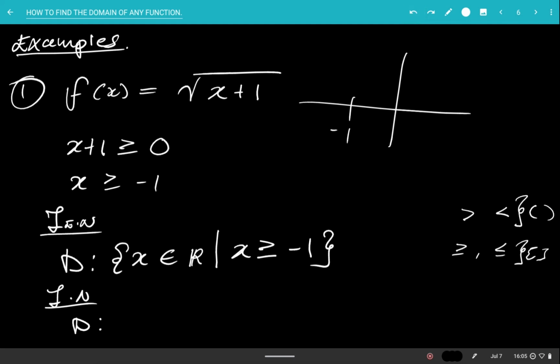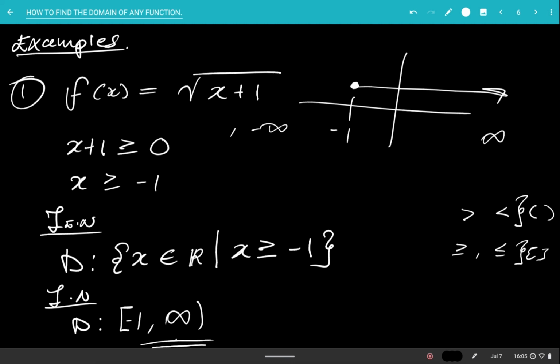And when it comes to inclusion, we always put a closed what? Hole. So I include minus 1 and everything greater than it, all values towards positive what? Infinity, and away from negative infinity. So we include minus 1 and go all the way to positive infinity. We don't really know where positive infinity is, so we can't include it. Parenthesis like that. So this is basically our domain.